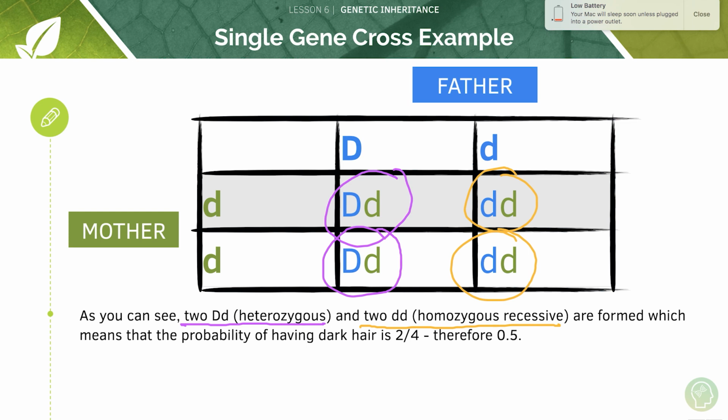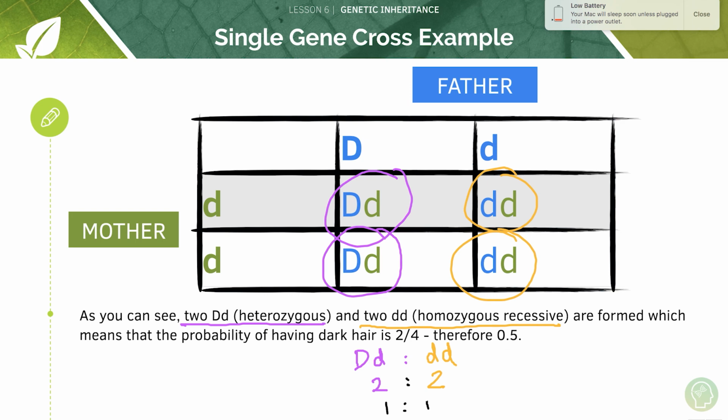And as you can see, if we write this as a ratio, they have 2 heterozygous and 2 homozygous recessive, which means it's a 1-to-1 ratio, which means the probability of their child having dark hair, so that would mean they'd have to have this combination, is 2/4, or 1 in 2, so 0.5.